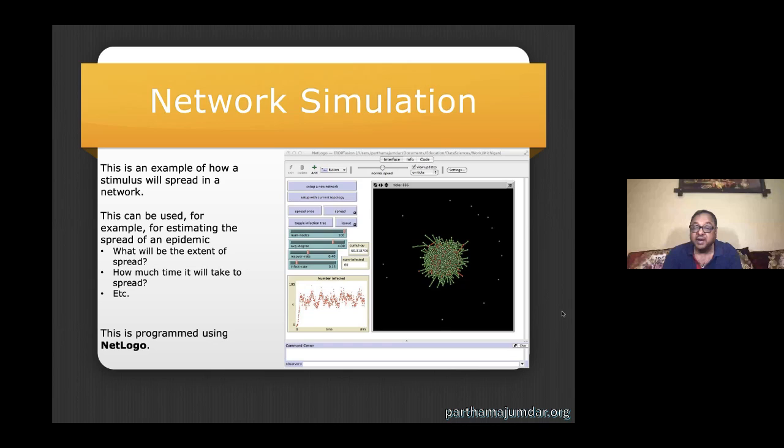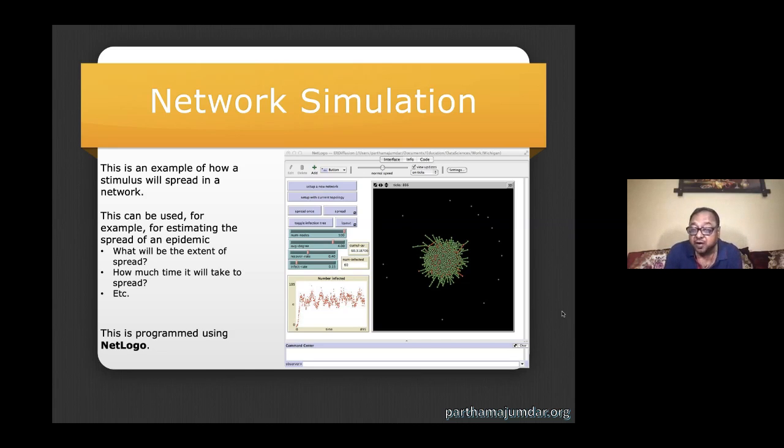If I create a network of a person who may be infected, getting his network from various sources like Facebook or Twitter or other mechanisms, I can make simulations on that network and find out who all can have been infected by this person, and how much time it will take for this person to infect how many people. This is a typical example of a network simulation. So you can create such models using data science.